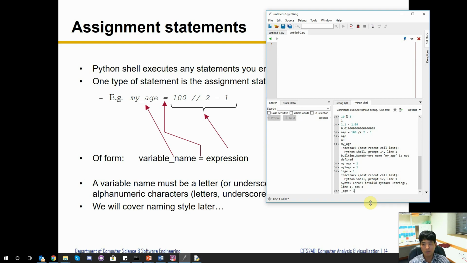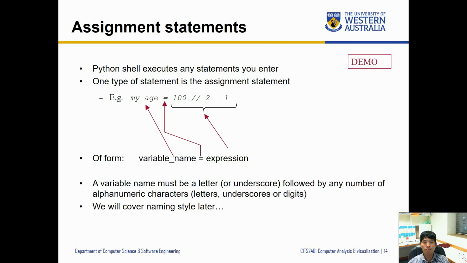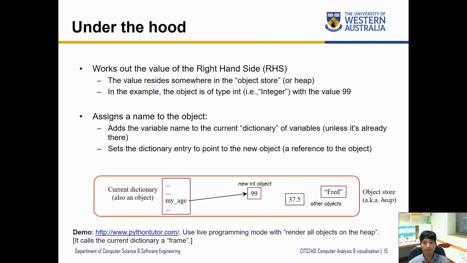But I can start with an underscore, which is a valid variable name. So in that sense, you could really create some really gibberish variable names, which people do quite often. But we also try to cover some styles, so this will be covered in a couple of videos later.